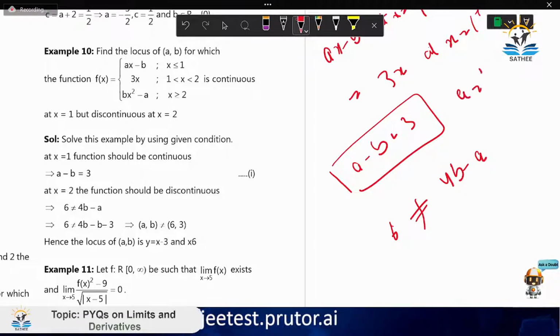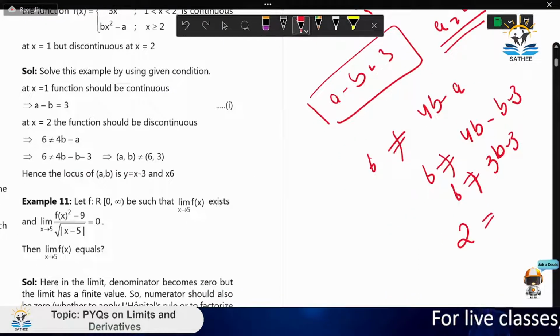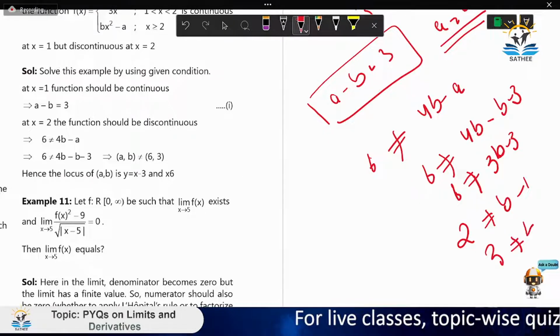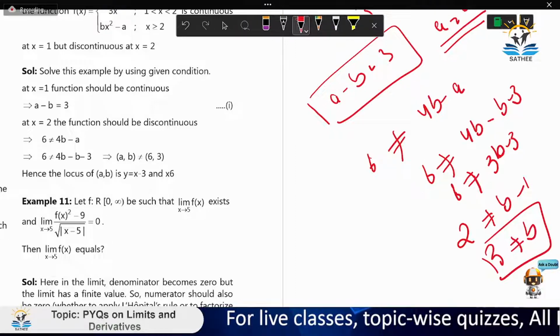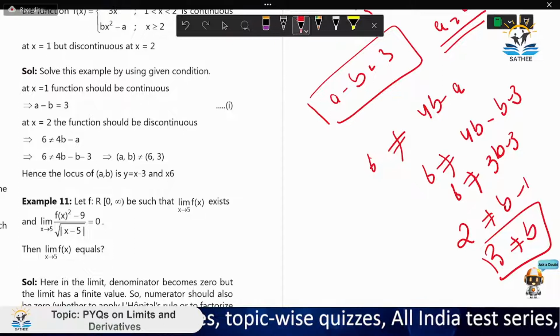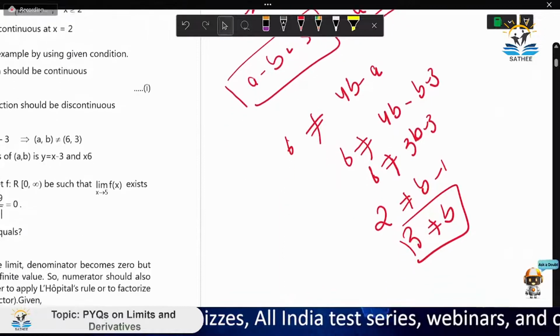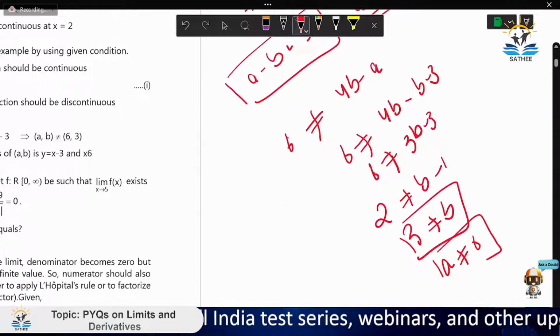So this gives me a equals b plus 3 and 6 should not be equal to 4b minus b minus 3, so 6 should not be equal to 3b minus 3. That is, 2 should not be equal to b minus 1. So b should not be equal to 3. One condition I have. So if this is the case, then a should not be equal to 6.